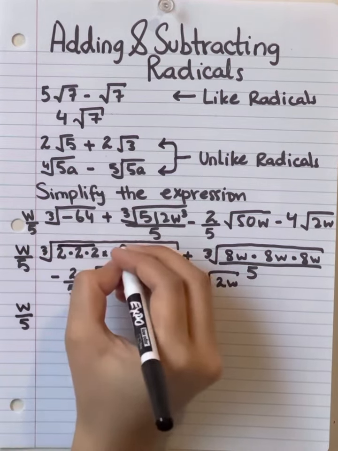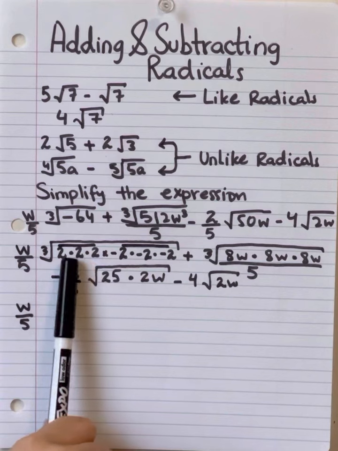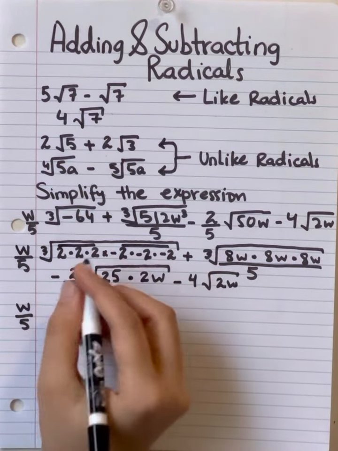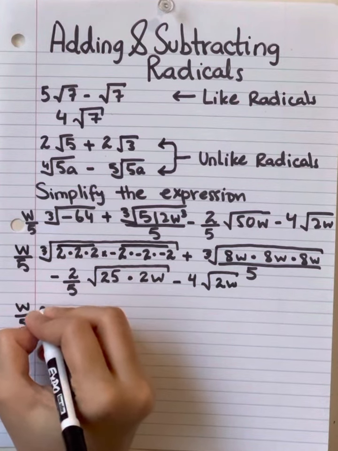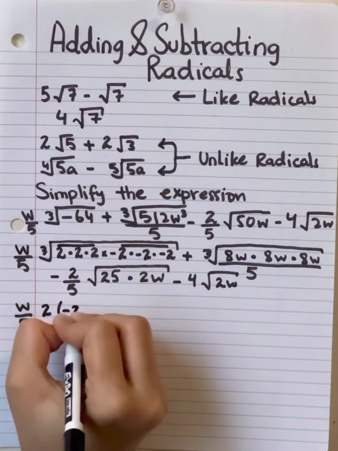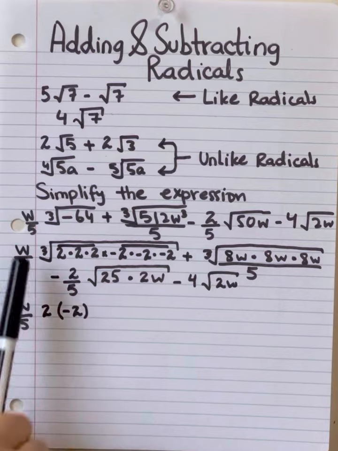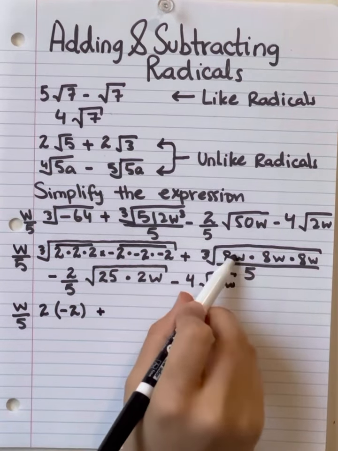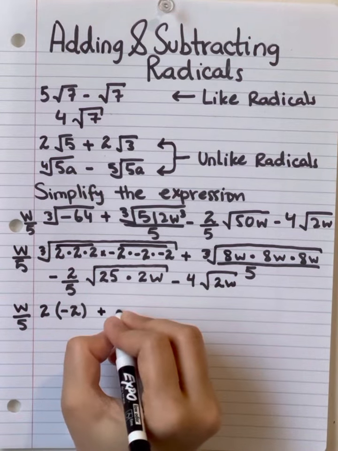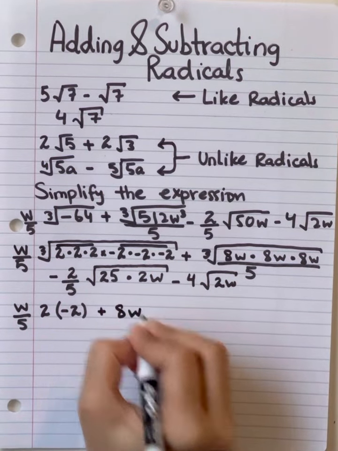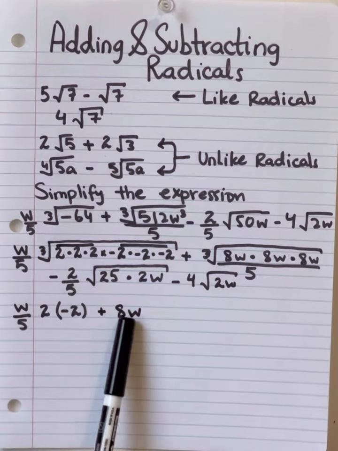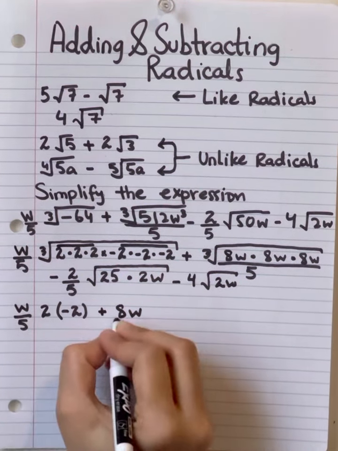We have three 2's, so we get 2 times minus 2 out of our cube root, plus here we have 3 8's. The cube root of 512w cubed is 8w, divided by 5.